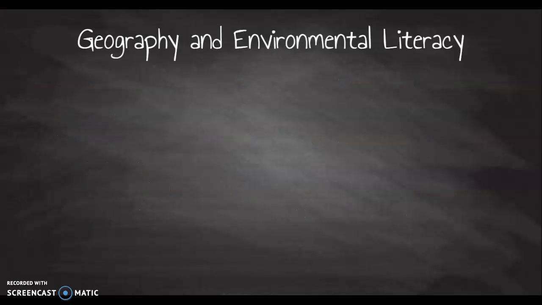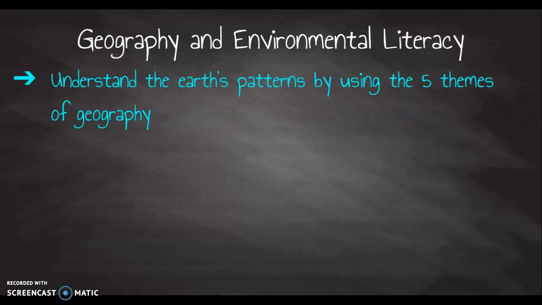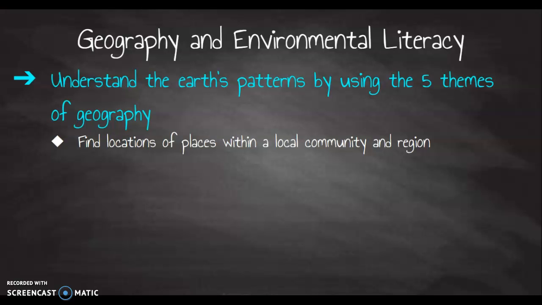For the second unit for social studies, in the first 9 weeks, we have geography and environmental literacy. So with this unit, students will understand the Earth's patterns by using the 5 themes of geography. So that means they're going to be finding locations of places within a local community and a region. So we'll be focusing on exact locations and then more broad locations.